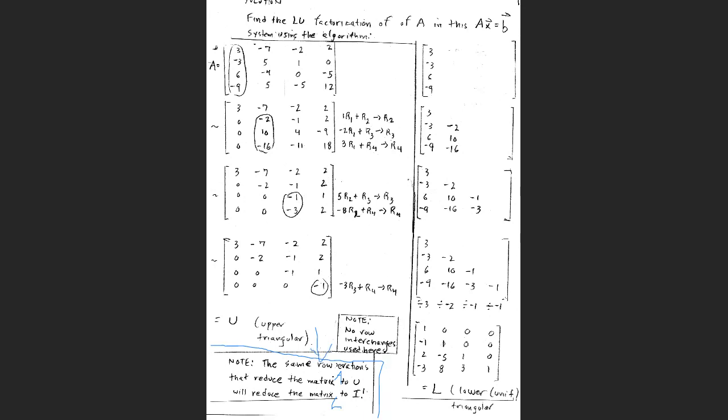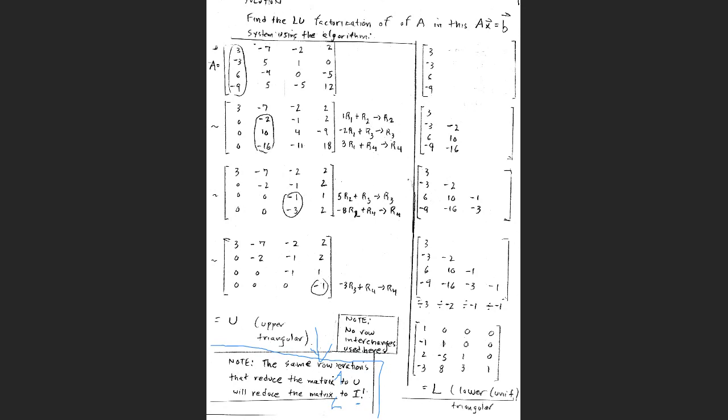The same row operations that reduce the matrix A to the upper triangular matrix U will reduce the matrix L, the lower unit triangular matrix, to the identity matrix. So again, the same row operations, please make sure you have this correct in your notes.